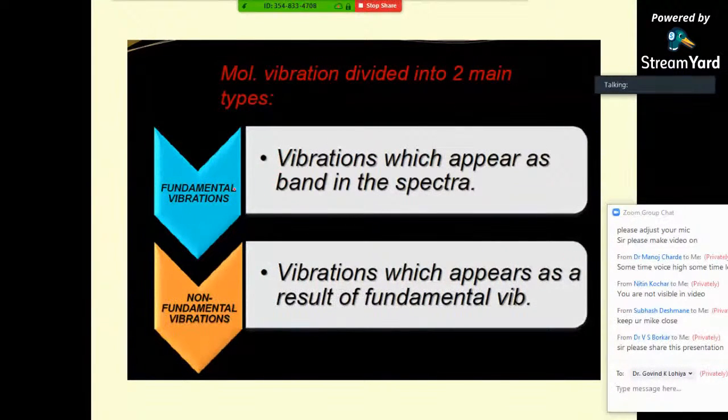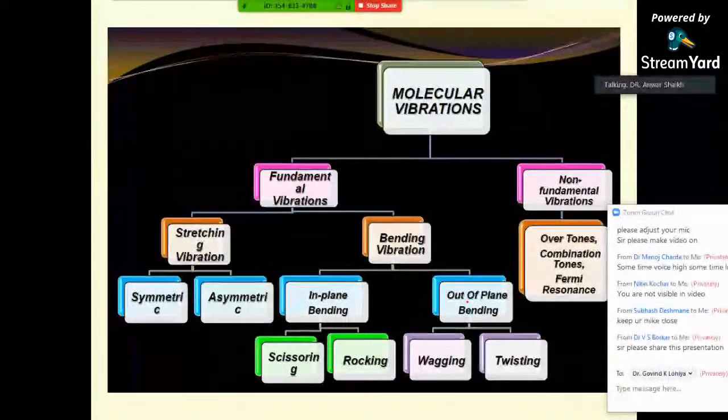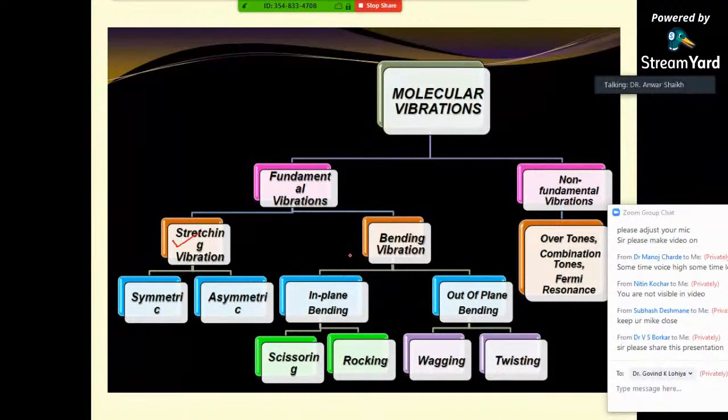One is known as the fundamental vibration, and the other is the non-fundamental vibration. Fundamental vibrations are those which appear as a band in the spectra. Non-fundamental vibrations are the result of the fundamental vibrations, and I will let you know what those are.